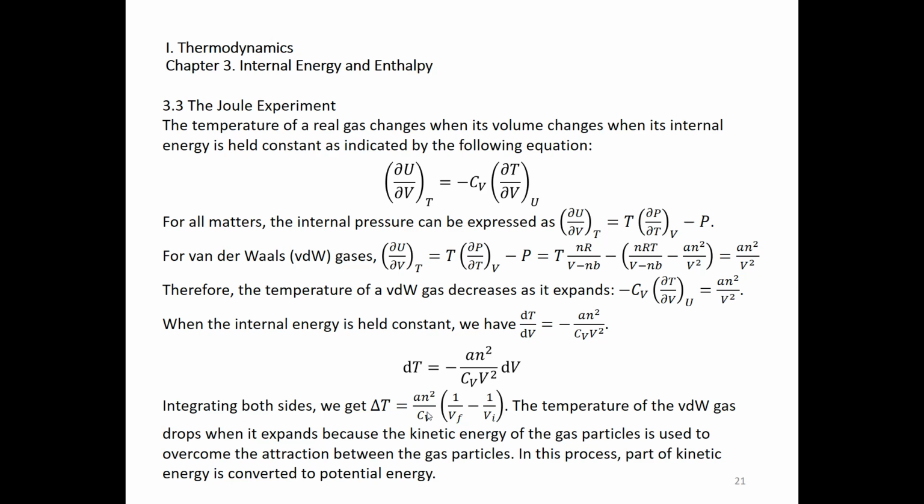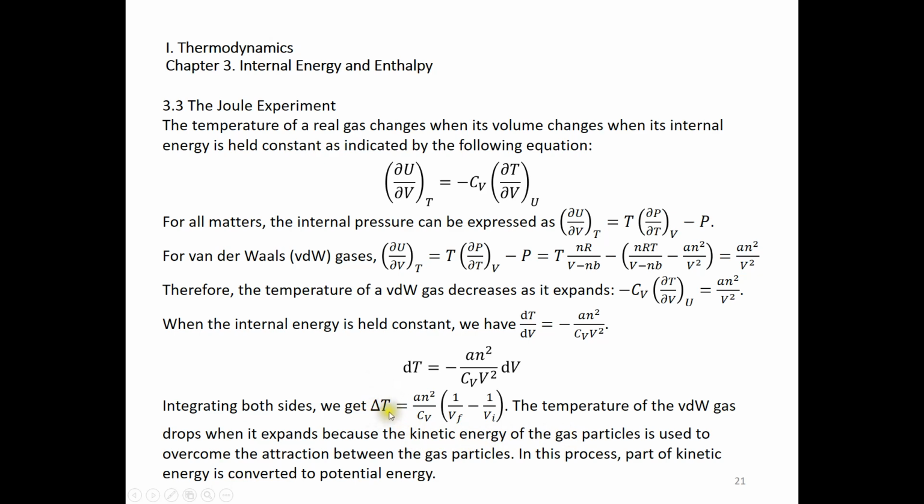In this case, the system is well insulated. We do not get any external help. So to overcome the attraction, we have to convert part of the kinetic energy to potential energy. And if we convert part of the kinetic energy to potential energy, the kinetic energy of the real gas decreases, and temperature is the measure of the average kinetic energy, so the temperature decreases.